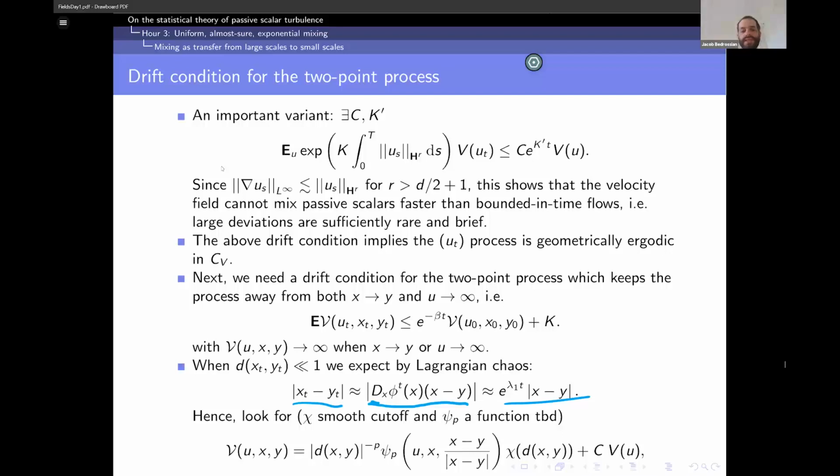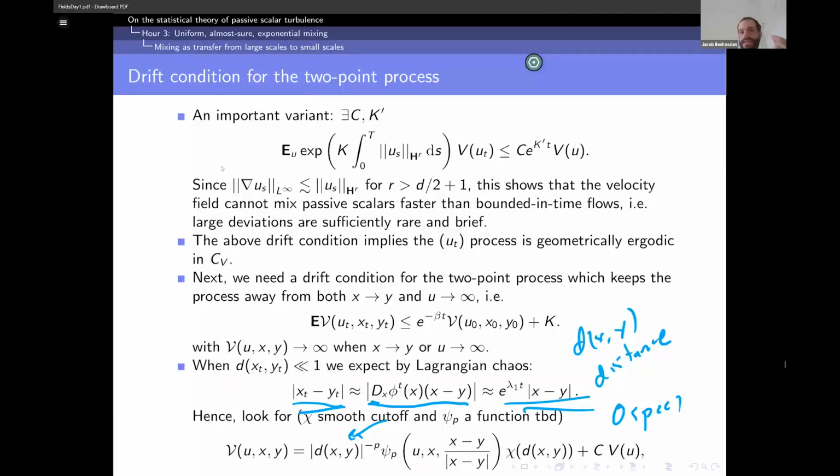And so it would make sense to just do 1 over the distance of the two particles. So d here is the distance of the two particles. We're on a torus, so technically you have to be careful if you want to make sense of this x minus y, but who cares? What I really want is 1 over distance to some power p, where p is some power close to 0 but positive.